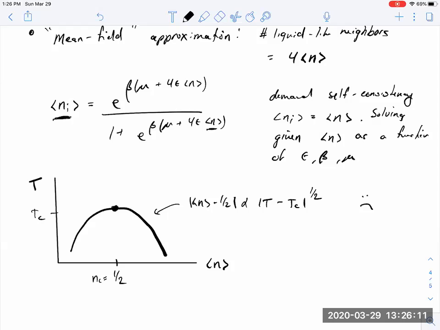So there are 2 potential problems with this. One is that we've made some sort of error in doing a mean field approximation, or the model is inadequate. Somehow we've neglected important features of real systems that are not encoded in this model.